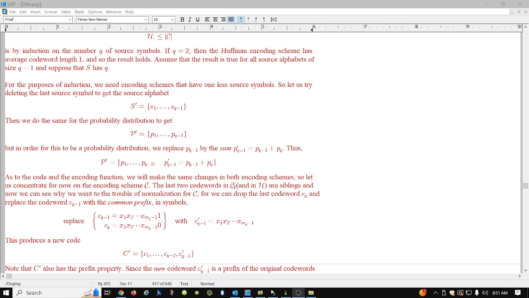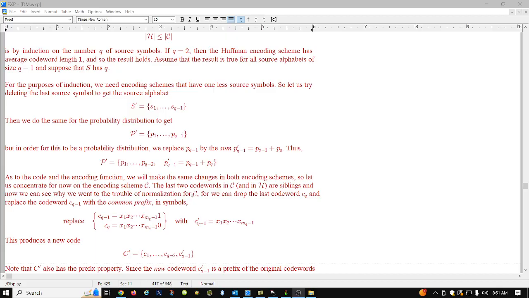Well, the last two code words in C are siblings, and that's the key. And this is also true for the Huffman encoding scheme. The last two code words are siblings. And in fact, this is exactly why I went through the trouble of this discussion of normalization, so that I could normalize C and its two last code words would be siblings.